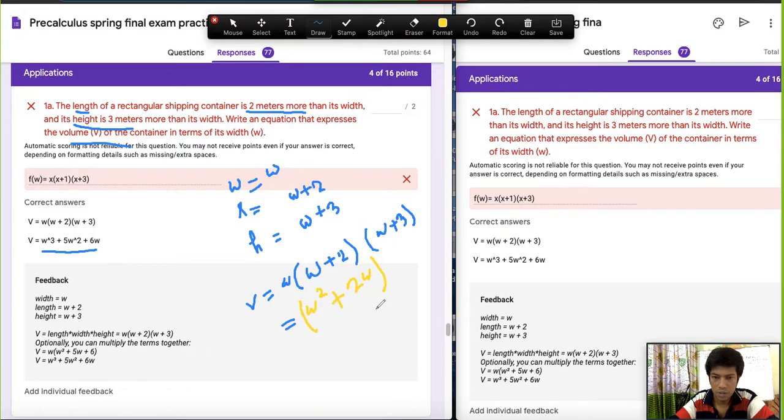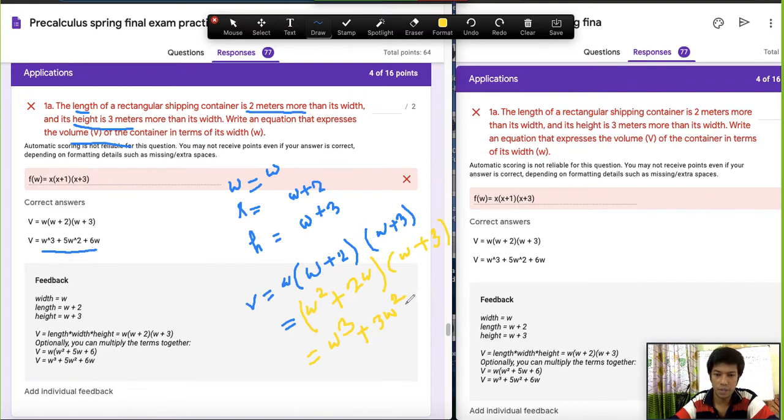This is then multiplied by W plus 3. Now multiply W into this: W square into W means W cube. Then W square times 3 gives 3W square. Then 2W square plus 6W.